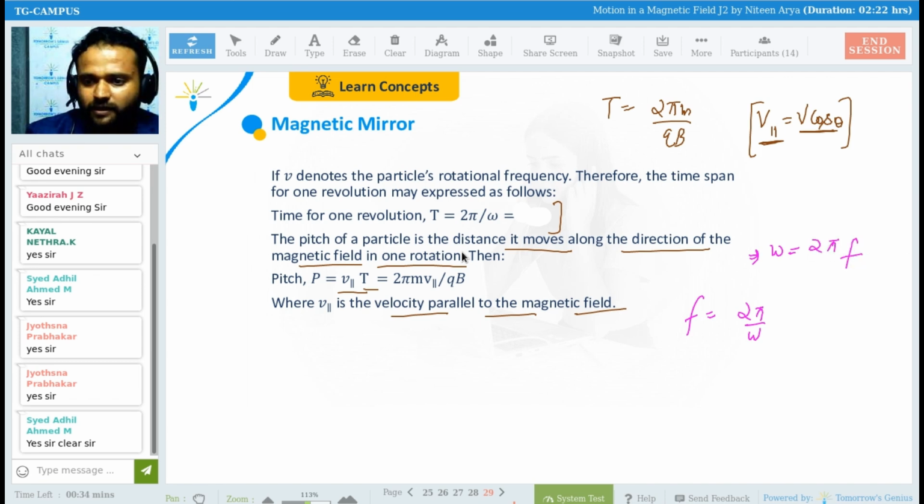This is the correct one, and omega equals 2 pi by T. So from here we get T equals 2 pi by omega, and 1 by T equals f, so T is 1 by f. This is the calculation. Clear?